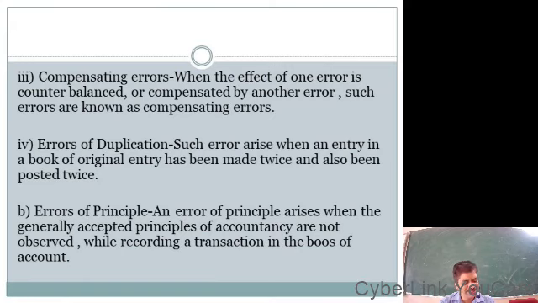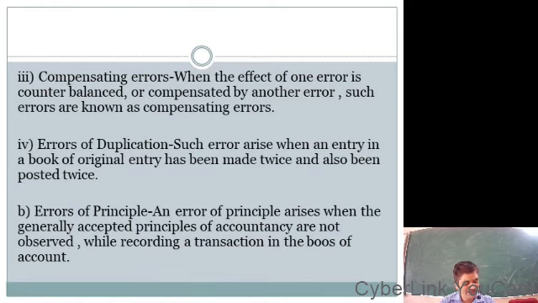Similarly, revenue expenditure recorded as a capital expenditure. Here, the examples may be repairs to building debited to building account instead of repairs account. So here, generally accepted accounting principles are not followed.